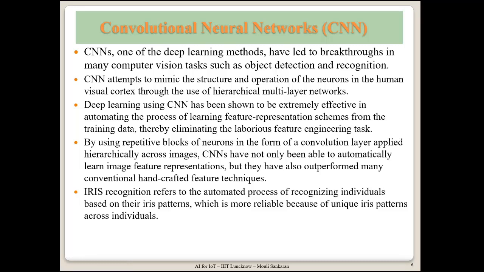So iris recognition, you may be knowing, in our eyes, inside the iris there are different optical nerves. They form a pattern, and that identifies individuals like a fingerprint. So even that is used for identifying individuals.